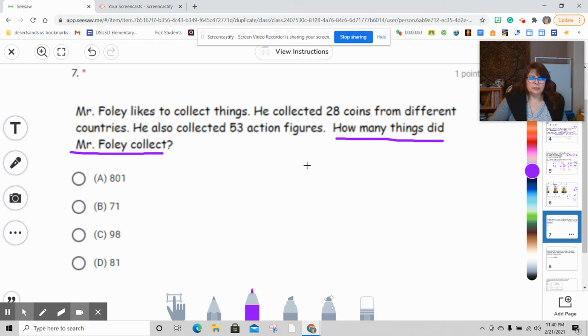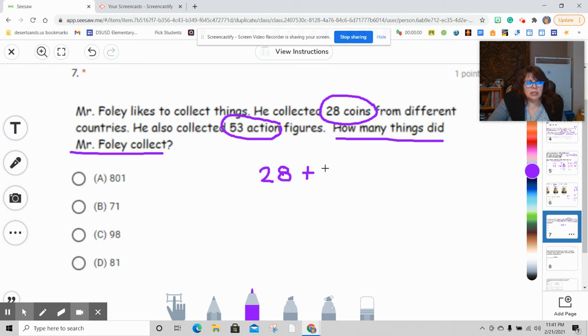So, well, I know that he likes to collect things, and one of the things he collects is coins. So I know that the coins information is going to help me. So he collects 28 coins. And then he also collected 53 action figures.